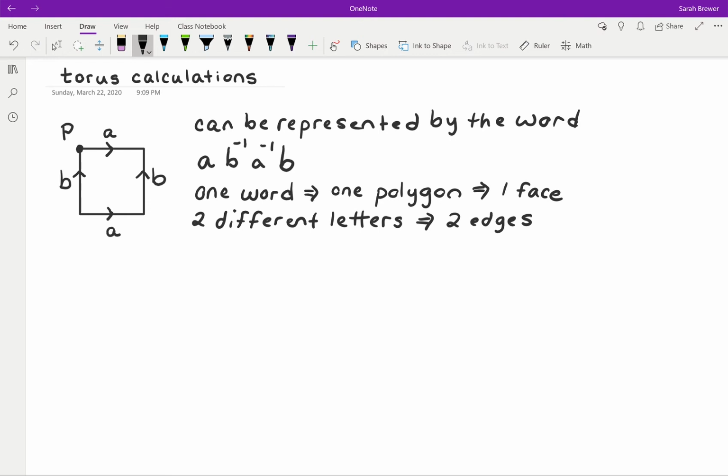So now we need to look at vertices. Well, we already saw that we end up with a single vertex, but let's see how we would figure that out if all we're given is the word to start.